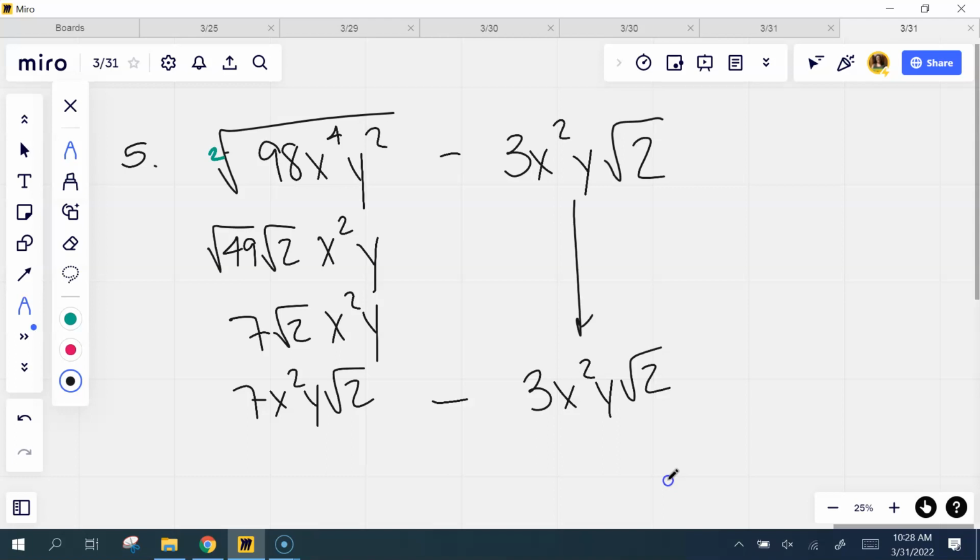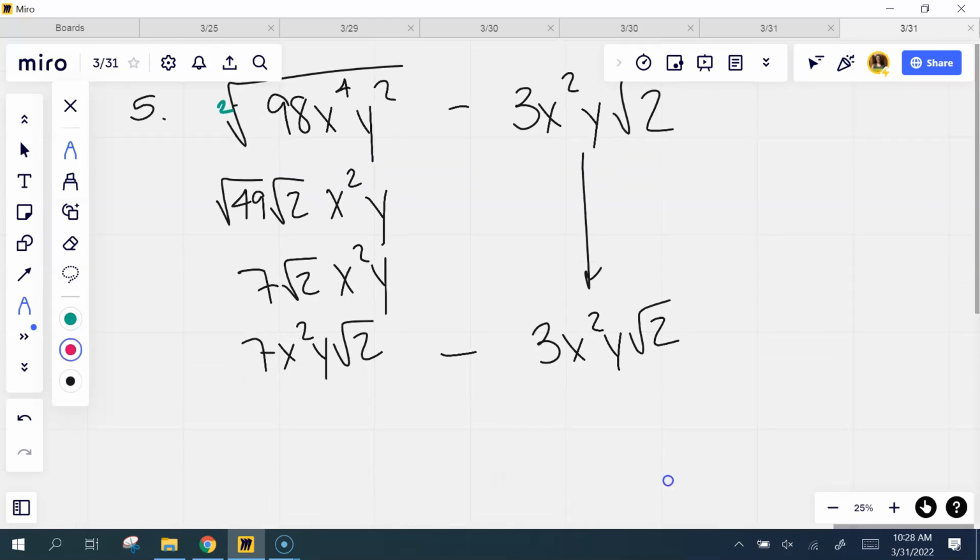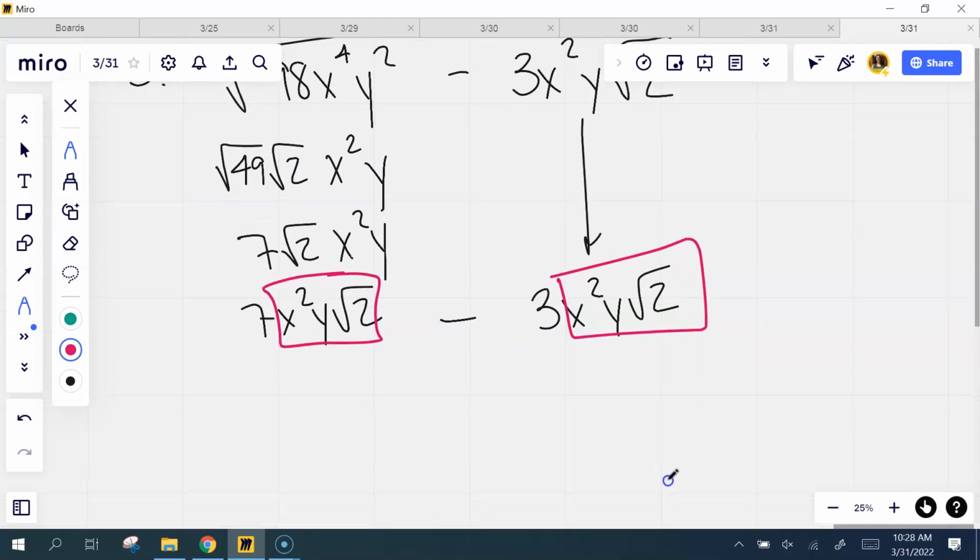What do you notice? They're the same, and in fact, they're the same for all of this stuff, right? Do you see that? So I'm just going to combine the 7 and negative 3 and leave all that I got boxed in pink there the same. 7 minus 3 is, and then the x squared y root 2.